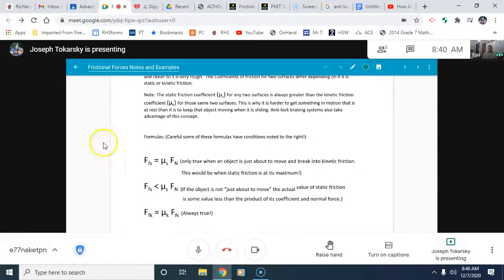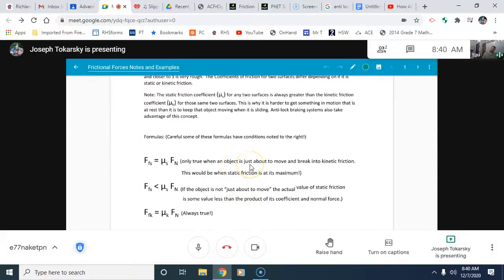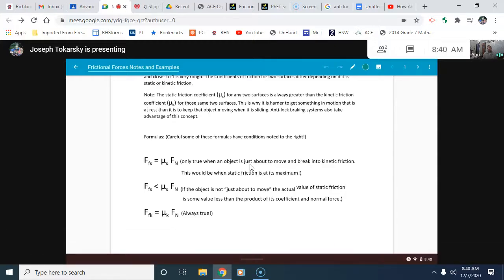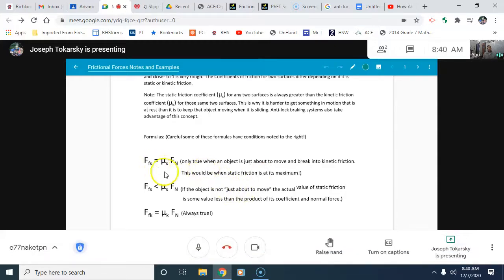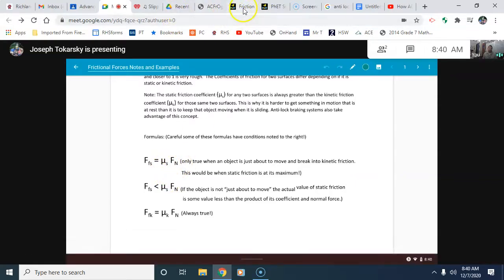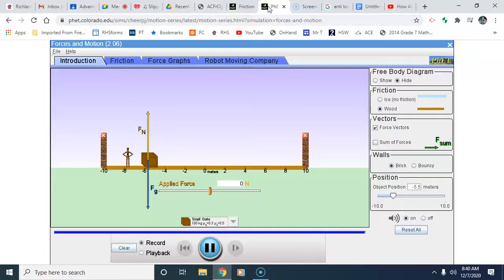So back to our notes. If we were told in a problem that an object is just about to move, then we could use this formula as an inequality. Mu static times normal force should be 504 for that situation, in this simulation.